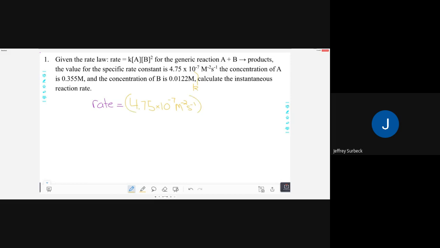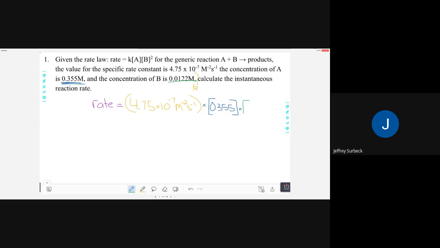We then multiply it by the concentration of substance A. So we're going to say times 0.355, and we raise it to the first power, and we say times our concentration of B, which is 0.0122.